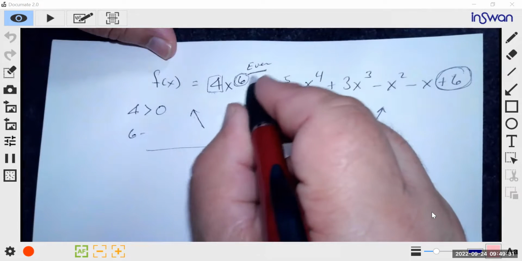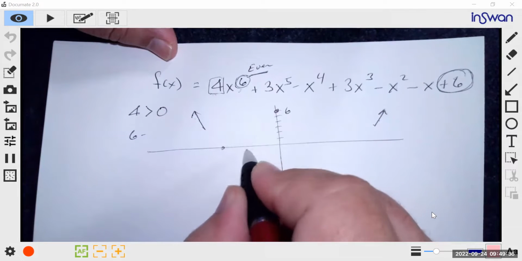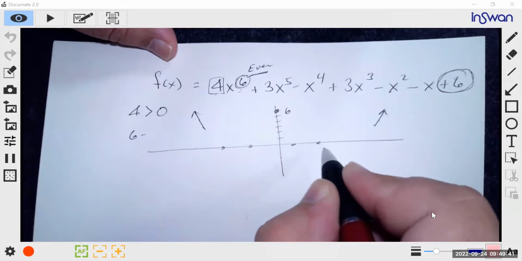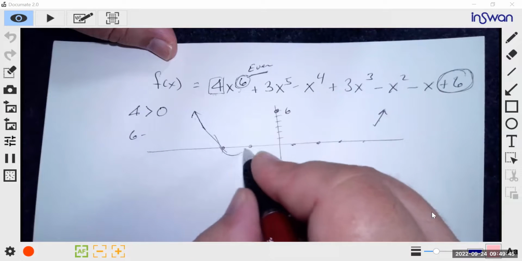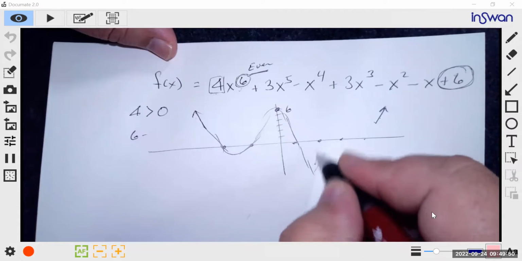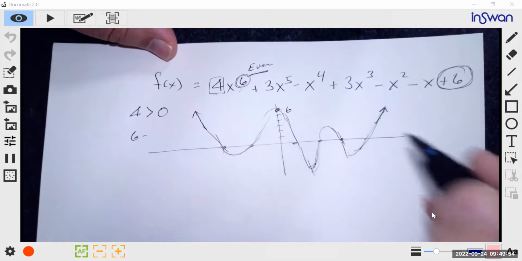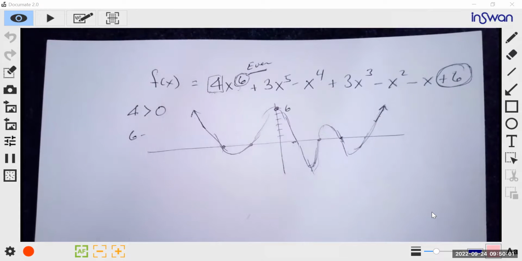Six. The degree tells you how many x-intercepts. So let's say there's an x-intercept there, there. So we can have a graph like this. But the only thing we know for sure are how the ends look, and the y-intercept.